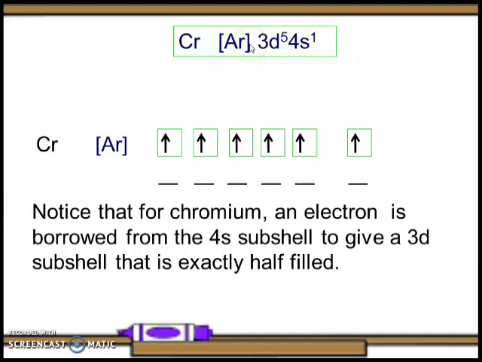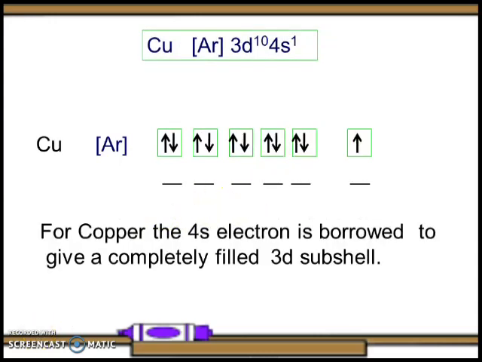But 3d can hold 10 electrons, so only 1 goes into 4s to make it half full and 5 go into 3d to half-fill it. The above principle works almost all the time, but exceptions occur when subshells are half full or full. For copper, a 4s electron is borrowed to give a completely filled 3d subshell.